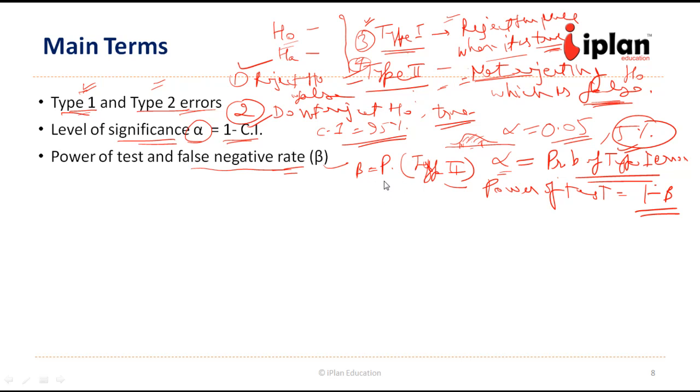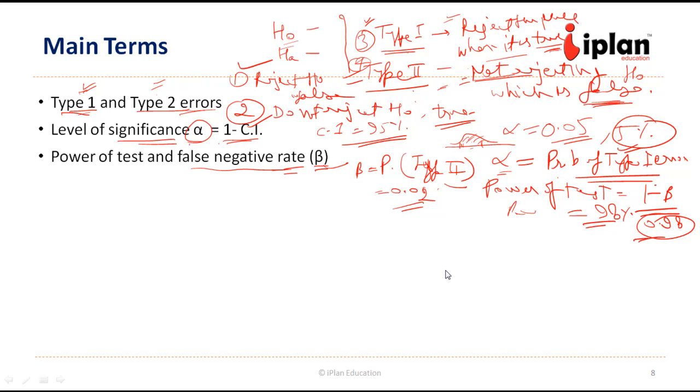So suppose the probability of type 2 error is 0.02 or beta is 0.02 or 2%. The power of test is 98% or 0.98. That is the power of test. So based on these two, type 1 and type 2 errors, we have two parameters which will give us about the quality of test. So it tells us about what kind of error we are more concerned, where we have kept the small interval.